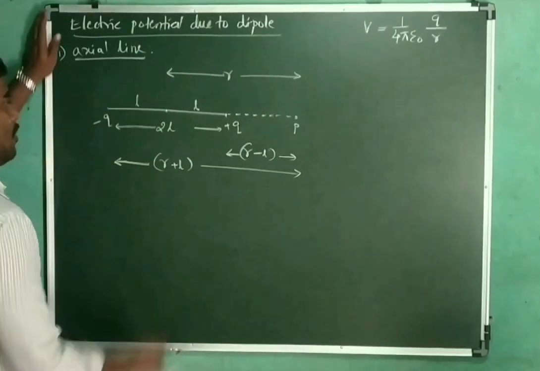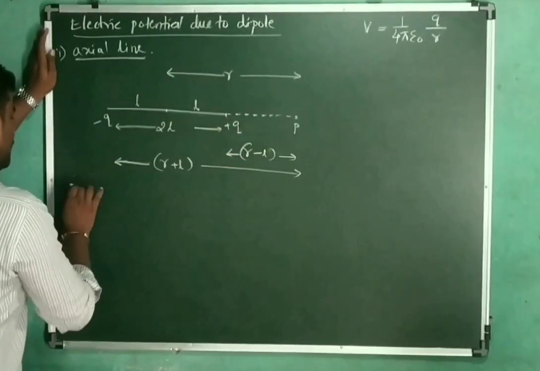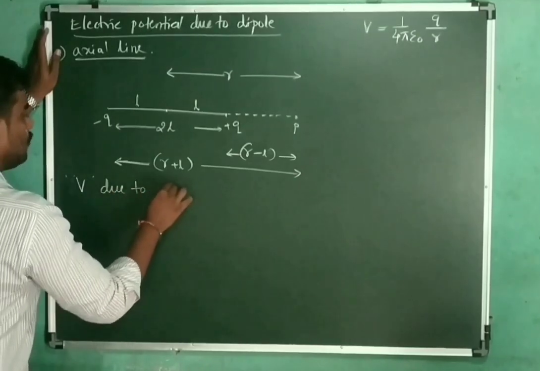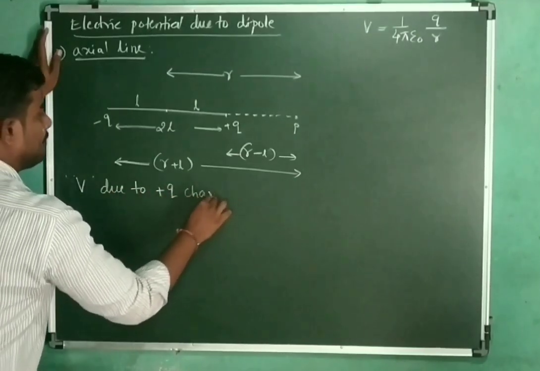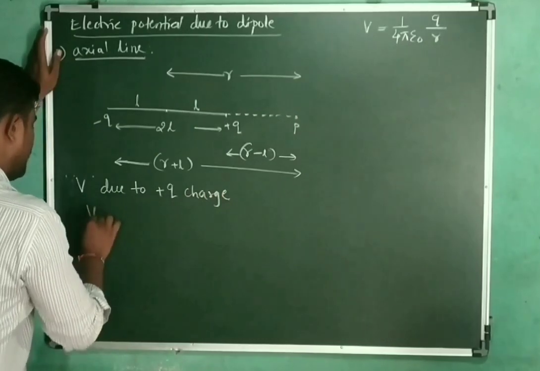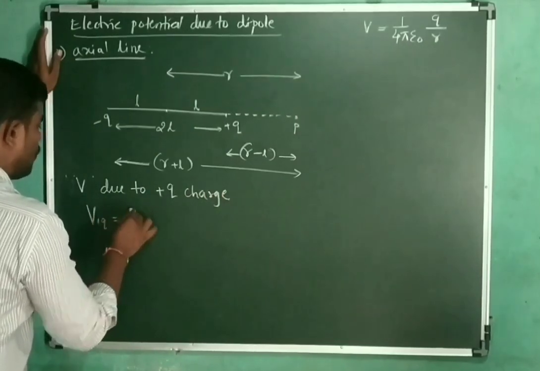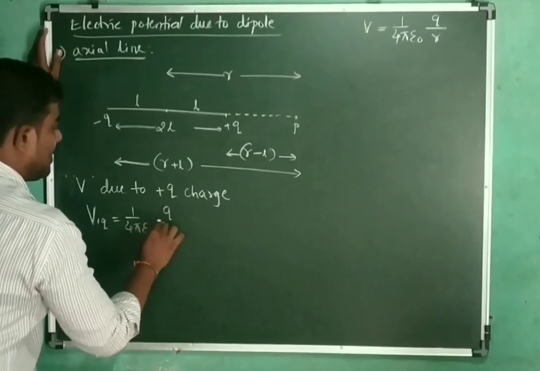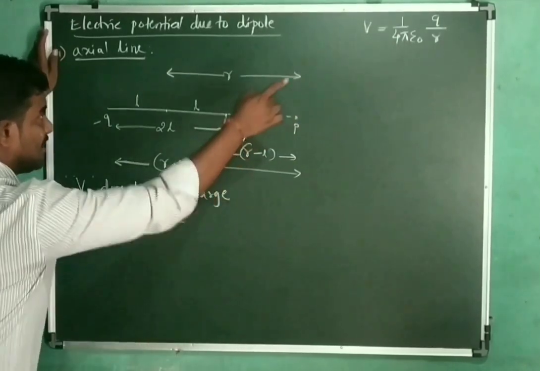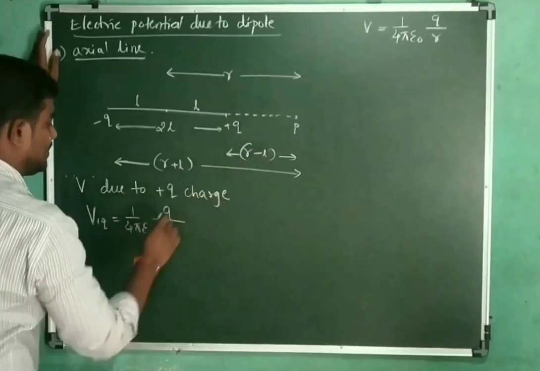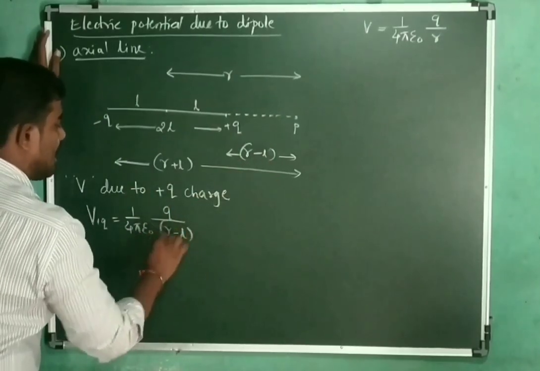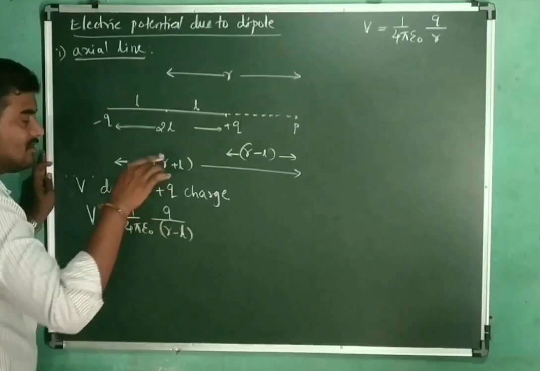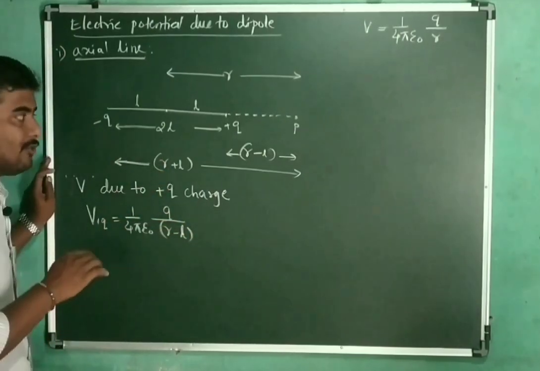Now, electric potential due to plus q charge. That is V due to plus q is equal to 1 divided by 4 pi epsilon naught q divided by r, and in place of r I am supposed to write r minus L, because this is the distance between the charge and the point where we are supposed to calculate potential.